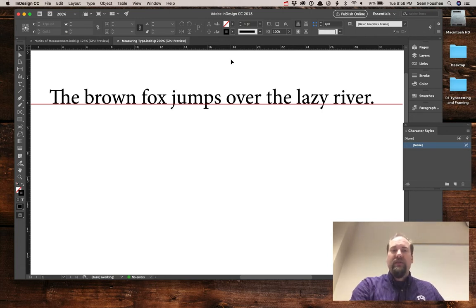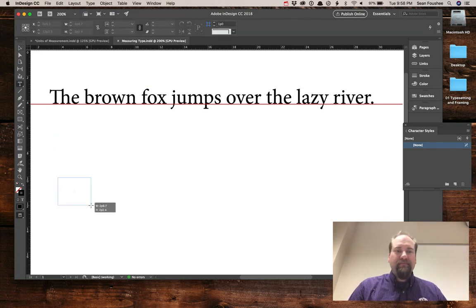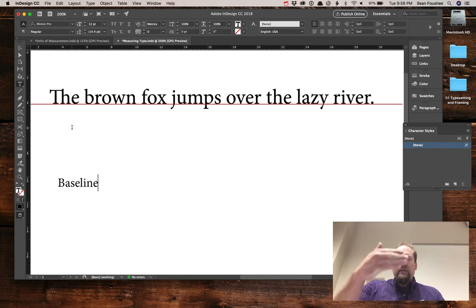So to start off with, again, here is our text, and it is sitting on a red line. And we, of course, call this the baseline. The baseline is this red line that we have right there. It is the line on which the text sits. Now, we remember this all the way back from grade school, right?